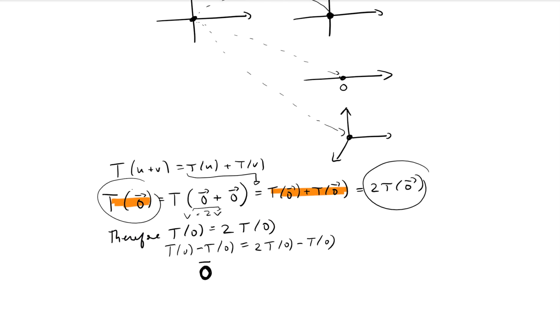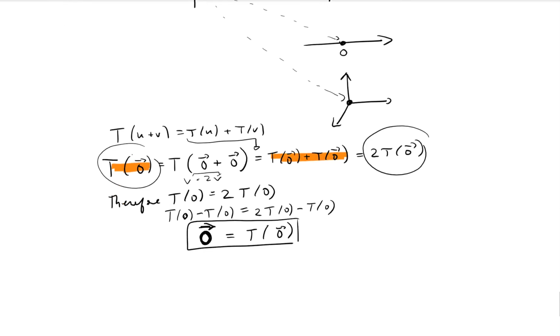Well, it's actually the origin in the other space. And 2T of 0 minus T of 0, that's T of 0. It's essentially twice an object minus that object. Well, it's just that object. So I do get this. Okay. So that's the proof. It's actually a very neat proof.